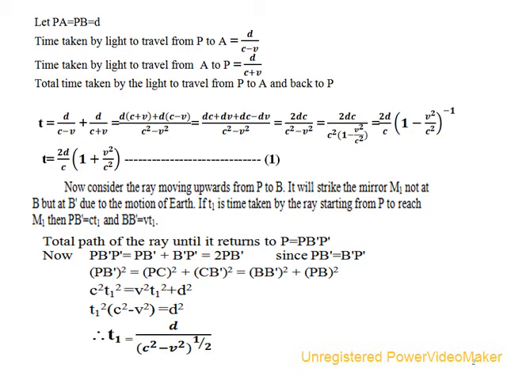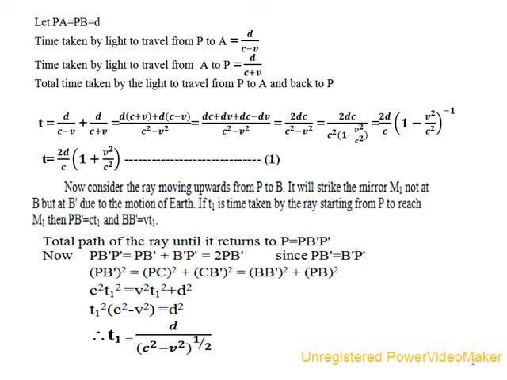Total time taken by the light to travel from P to A and back to P is given by total time T equal to D divided by C minus V plus D divided by C plus V, equal to D into C plus V plus D into C minus V divided by C square minus V square.